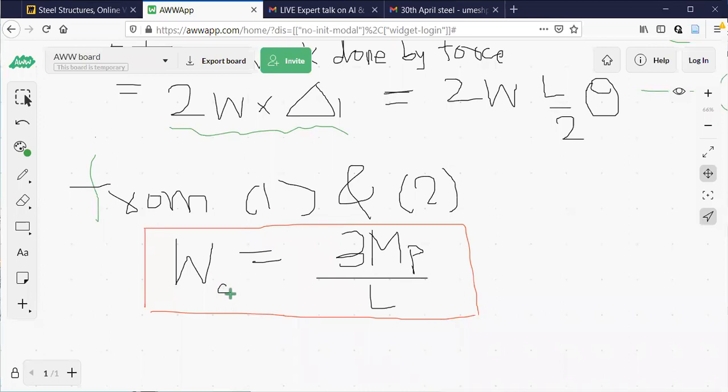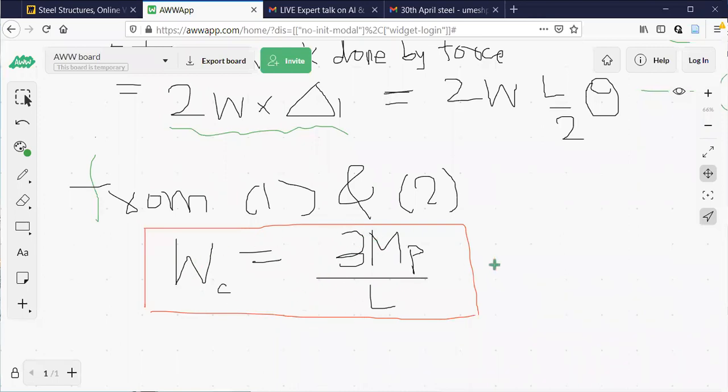W becomes WC, that's all. For example, if you know the value of MP and L, you can say that for this much of load, the span AB will collapse. It will form 2 plastic hinges and the AB will collapse.